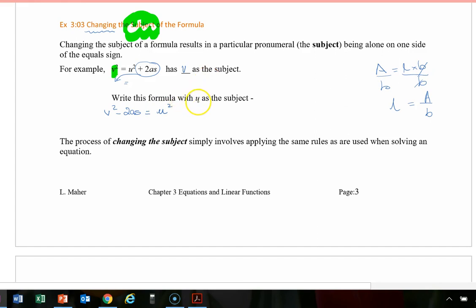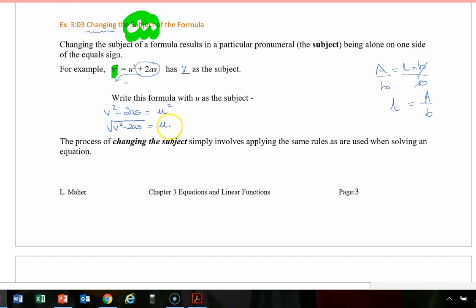Strictly speaking, if we want to go all the way down to U, then we have to take the square root. So I want the square root of all of this, V squared minus 2AS. We don't usually put the subject on the right-hand side.